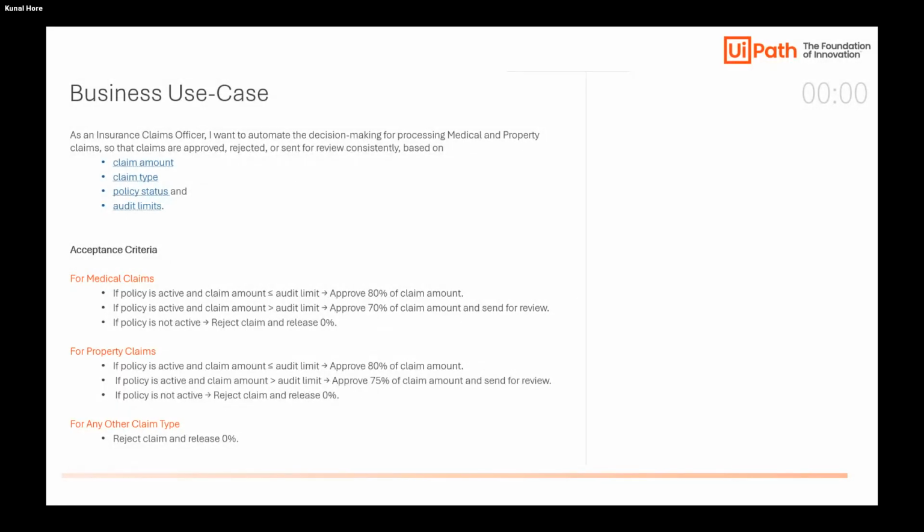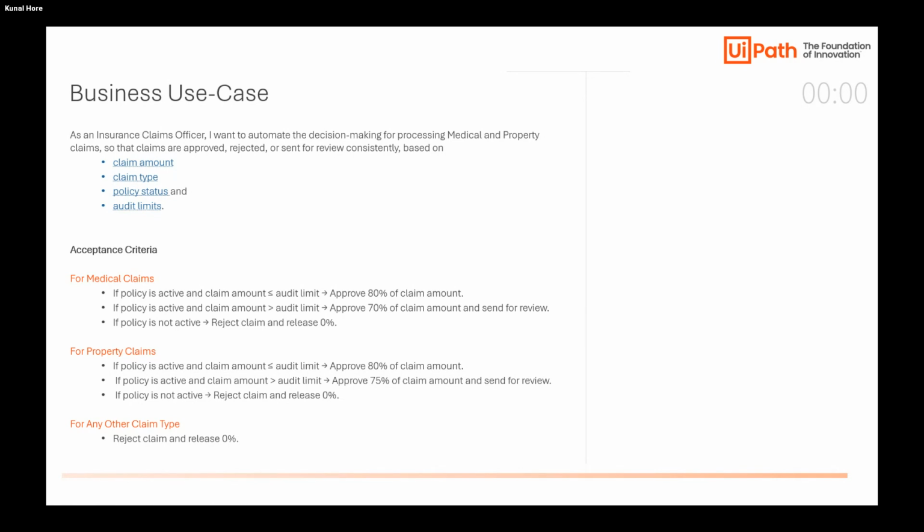The same goes for property, but with a minor change: if the audit limit is exceeded in property, 75% of the claim will be sanctioned, whereas in medical, 70% is sanctioned. And for any other claim type, everything is going to get rejected.